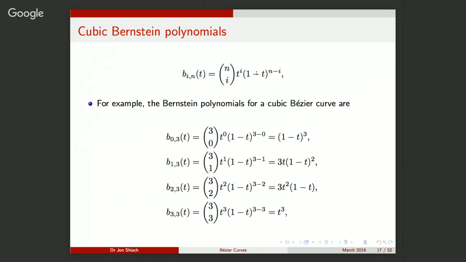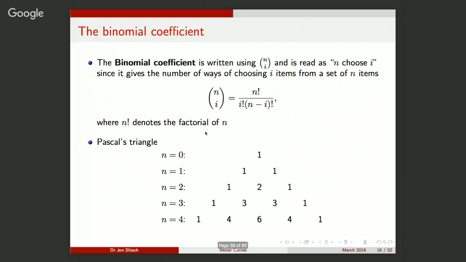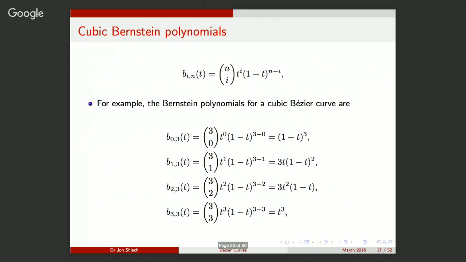Well, 3 choose 0 is going to be 1. Anything raised to the power 0 is 1, so that t to the power 0 disappears. (1 minus t) to the power 3 minus 0 is obviously 3. So that Bernstein polynomial is (1 minus t) to the power 3.